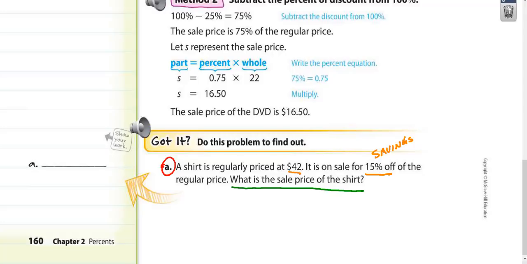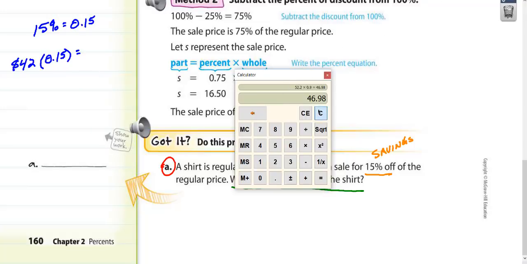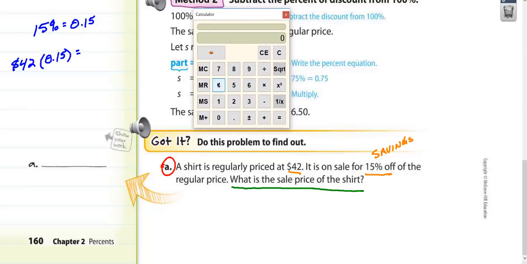Okay, so let's look at the two methods for doing this. Here's the first method. Take the $42 and multiply it by the 15%. Of course, I turned my 15% into the decimal 0.15. So let me grab my calculator and multiply the $42 shirt times 0.15. That is $6.30.